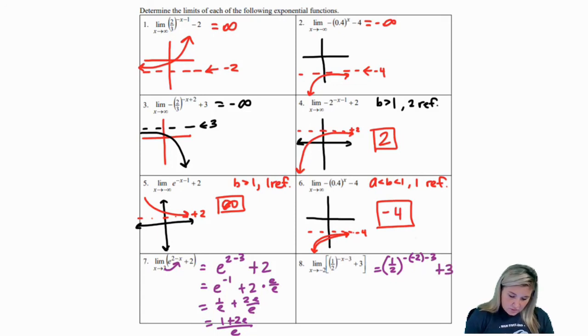So this is going to be 1/2 raised to the negative 1 plus 3. When I take something to the negative 1 power, it makes it flip essentially. So this is basically 2 over 1, or just 2 plus 3, which is 5.